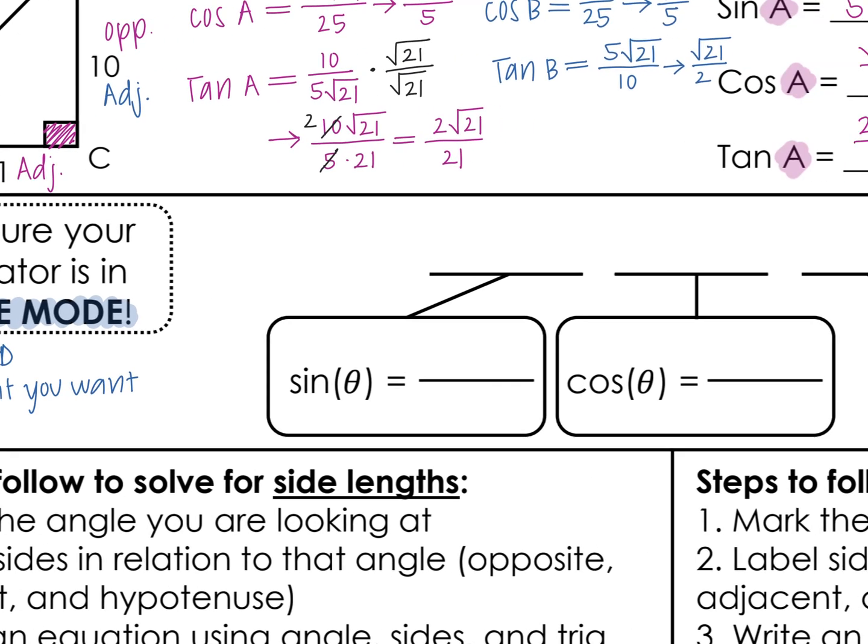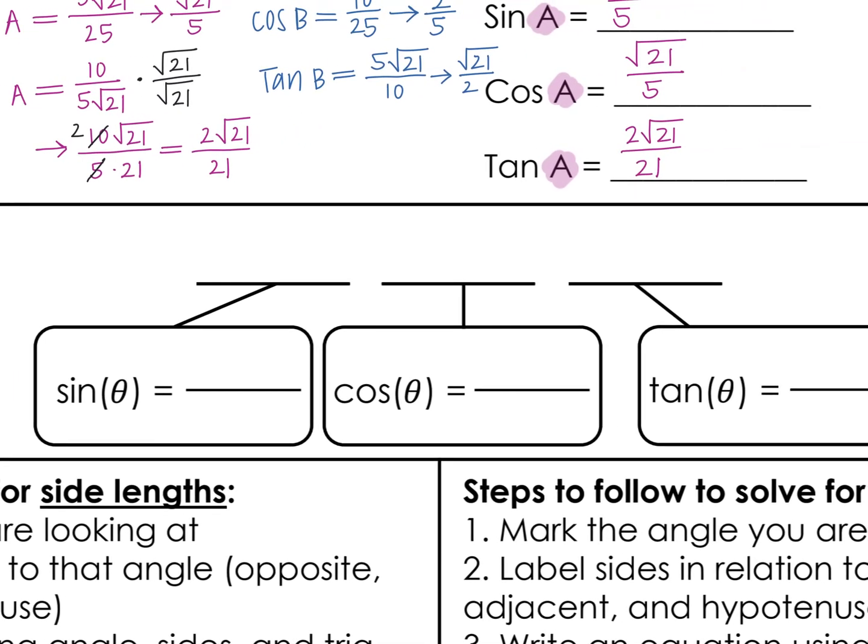Now, looking in this section here, I also am going to give you a mnemonic device to help you remember your sine, cosine, and tangent ratios. So I like to use, we've got SOHCAHTOA. Okay, and so the way it works is you have that SOH, which is going to stand for your sine of theta is equal to your opposite over your hypotenuse.